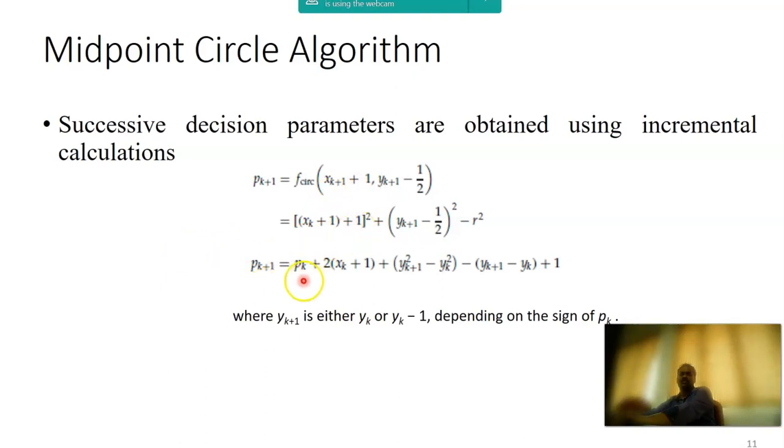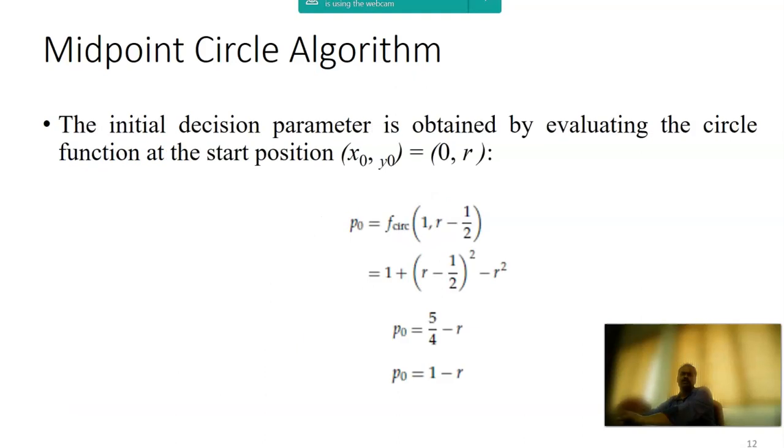So pk plus 1 equals pk plus 2xk plus 1 plus (y square k plus 1 minus y square k) minus (yk plus 1 minus yk) plus 1, where yk plus 1 is either yk or yk minus 1, depending upon the pk value, the decision parameter.